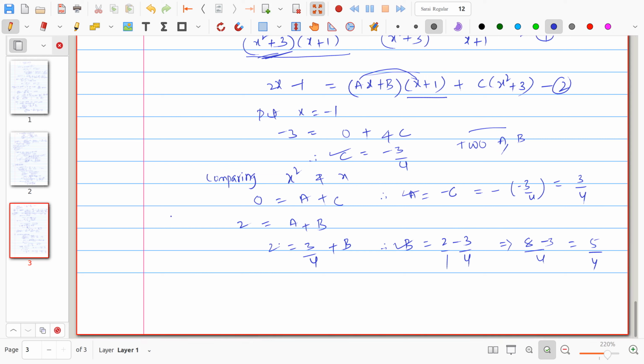Then we can write equation 1: 2x minus 1 divided by x square plus 3 into x plus 1.